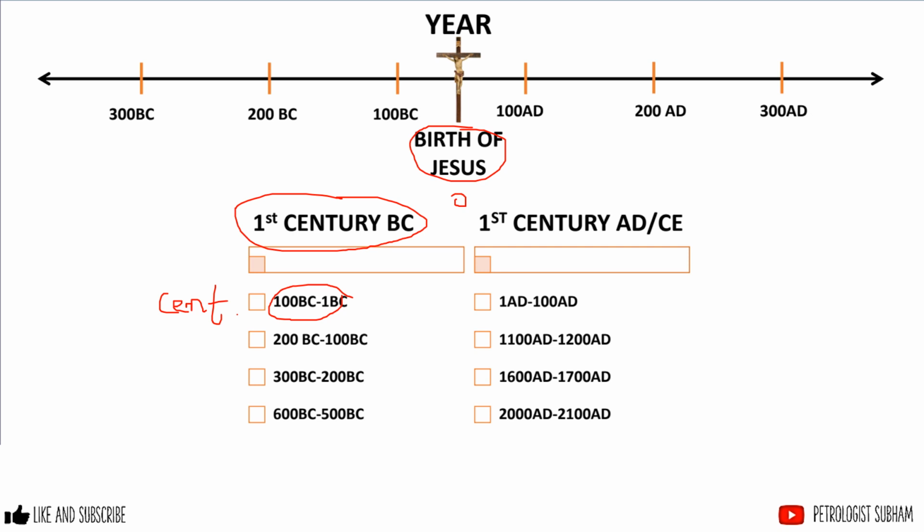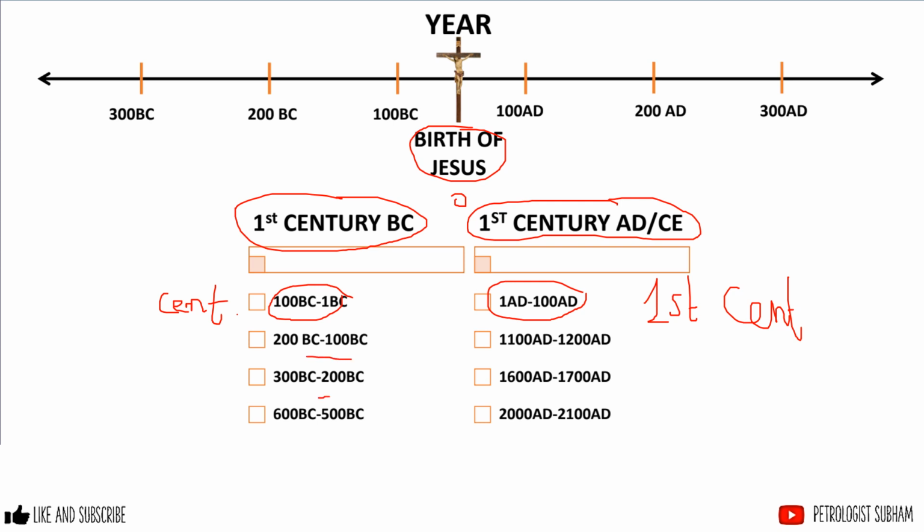After his death, 1 AD means year 1 AD, and 1 to 100 AD, or 100 years of AD, is known as the first century. First century, and it is mentioned above as well, that is first century AD or common era. First century AD or first common era, right? Likewise, it will go backwards before his birth, and in numerical order it will go forward after his death, right?